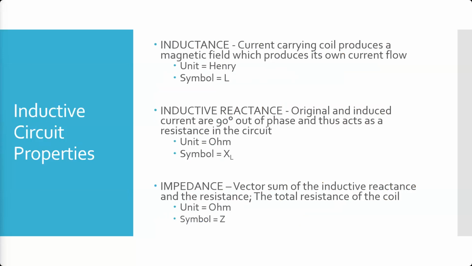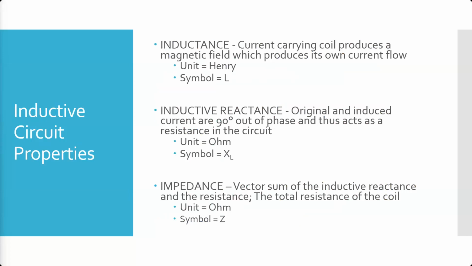So inductance is in henries, reactance is in ohms, but it's not your normal ohm symbol, it's X sub L. So ohms due to henries. And then impedance is also in ohms, but it uses the symbol Z. So you've probably seen the Z for impedance in your electrical class, right?